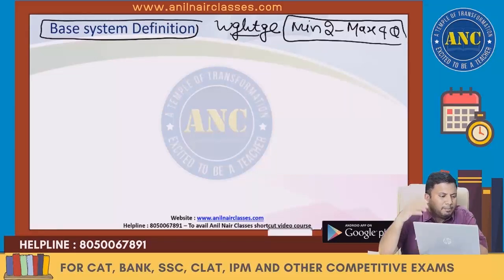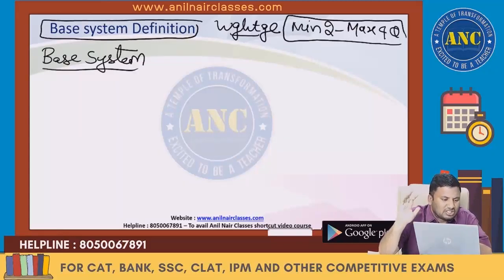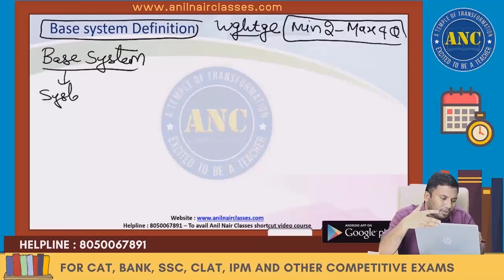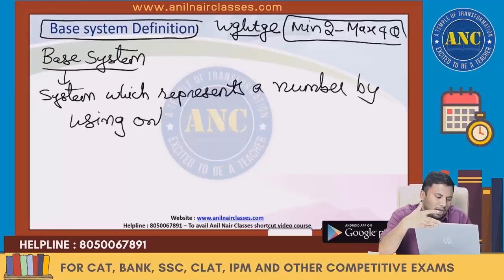Now, what is a base system? How important is it to know this base system? Base system is nothing but a system which represents a number by using only a few digits.